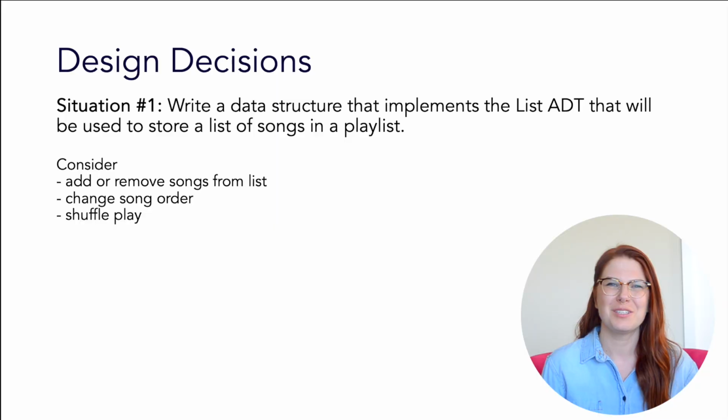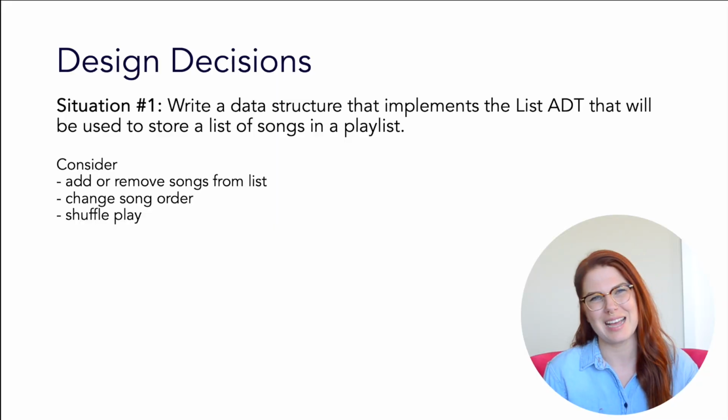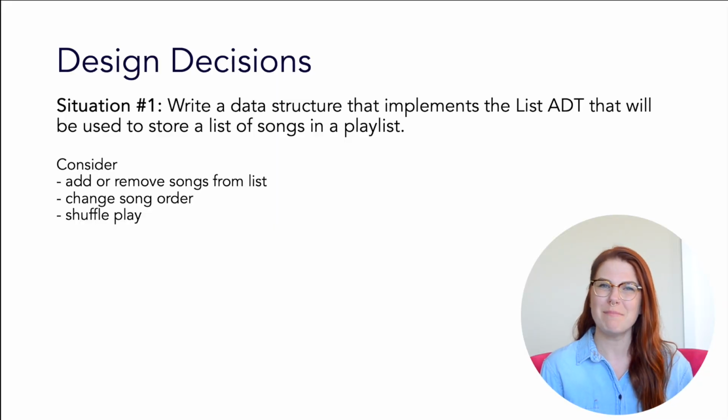Let's put some of these trade-offs to good use when it comes to design. That's the ultimate goal of why we're learning to modularize, abstract, and encapsulate all of our code within the OOP organization. So let's say you've been asked to implement some type of software that will be used to store a list of songs in a playlist.